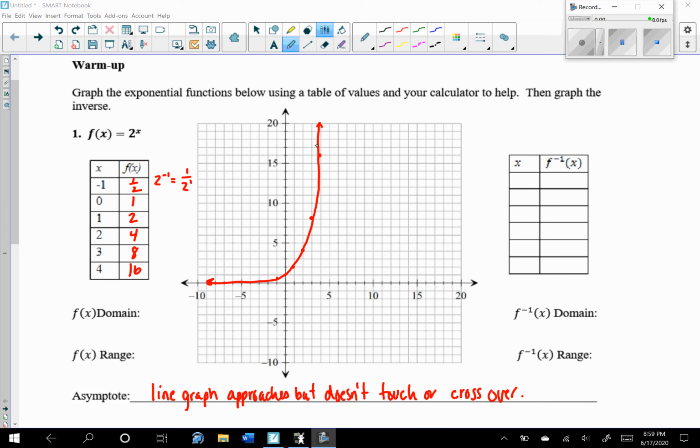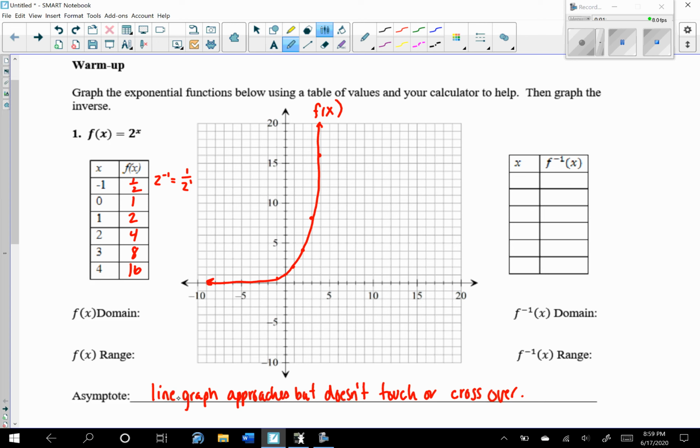For this graph, the larger the negative x values that we plug in, the closer and closer to 0 our graph gets without actually hitting 0, which means that we have what's called an asymptote. Recall that an asymptote is the line the graph approaches but does not touch or cross over.